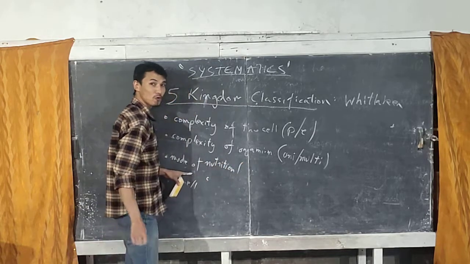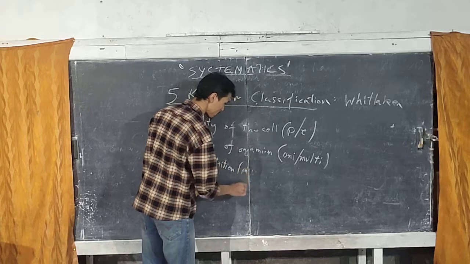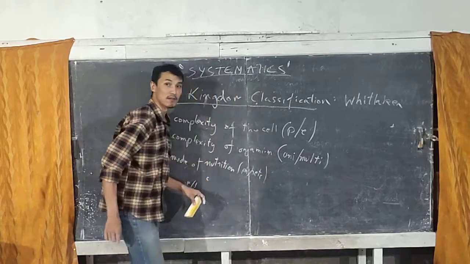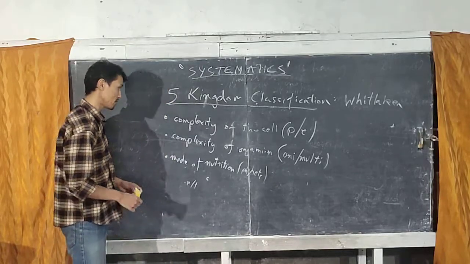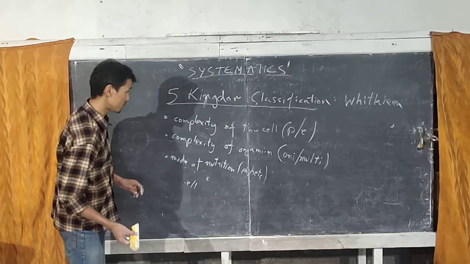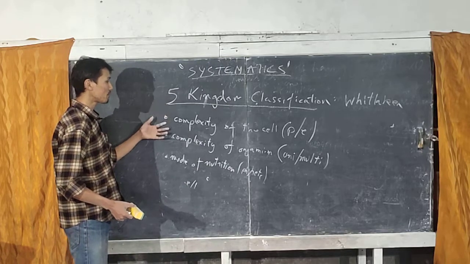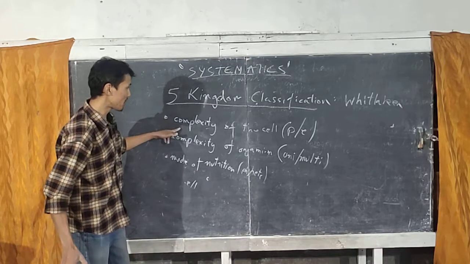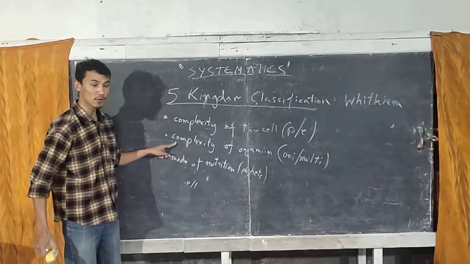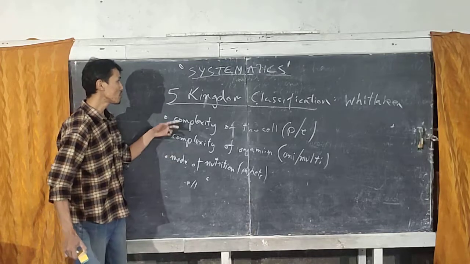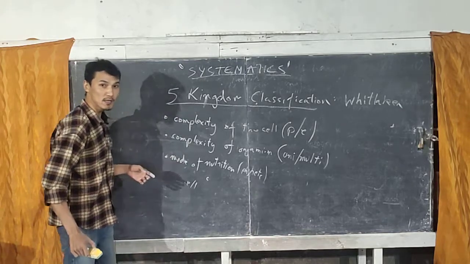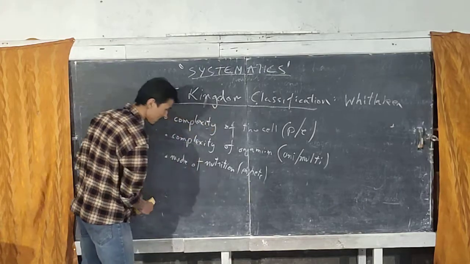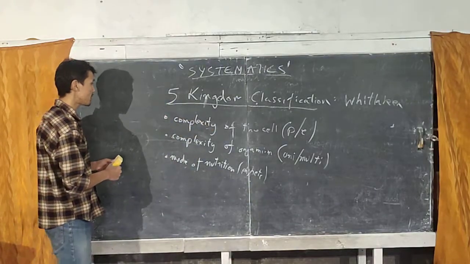That means whether they are autotrophic, that is photosynthetic organisms, or heterotrophic, that means they follow different modes of obtaining nutrition. So when we talk about the 5 kingdom classification, we are following these 3 parts: complexity of the cell, complexity of an organism, and the mode of nutrition. By following these 3 categories, the living organisms of the world have been classified into 5 major kingdoms.